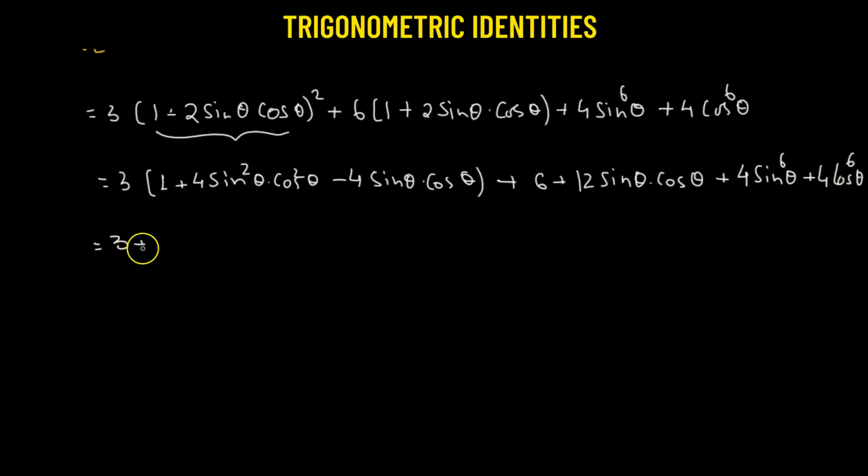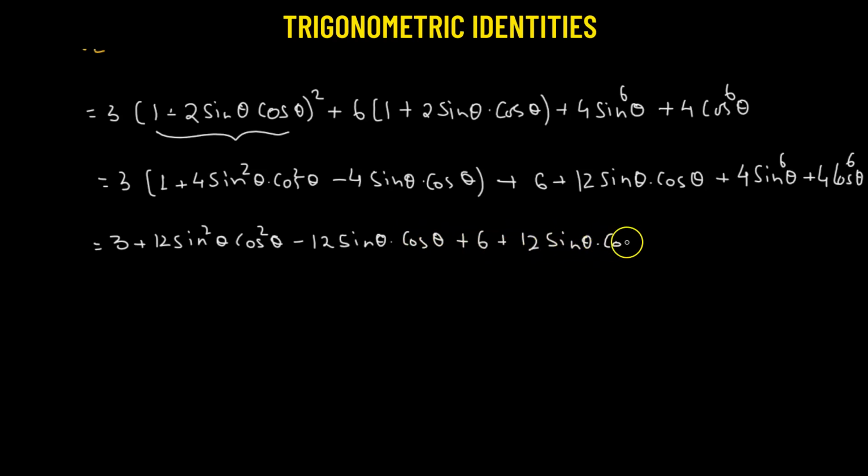So we have 3 plus 3 times 4 is 12, so we have 12 sine squared theta times cosine squared theta, minus 3 times 4 will be 12, so 12 sine theta times cosine theta, plus 6 plus 12 sine theta times cosine theta, plus 4 times sine theta whole raised to the power of 6 plus 4 times cosine theta whole raised to the power of 6.